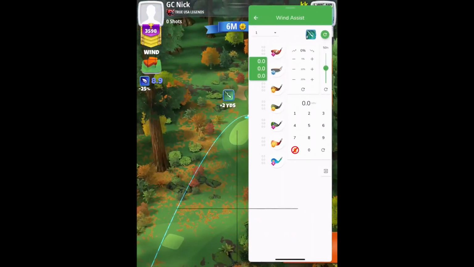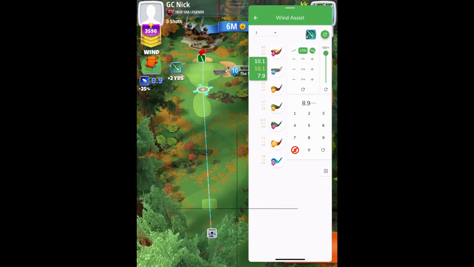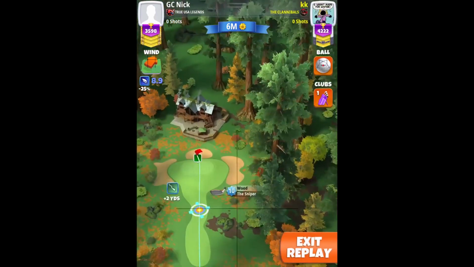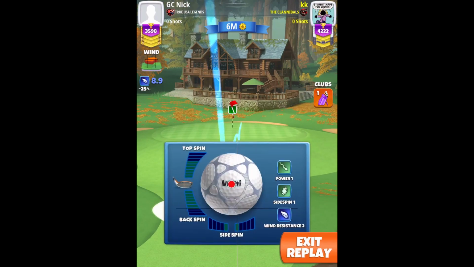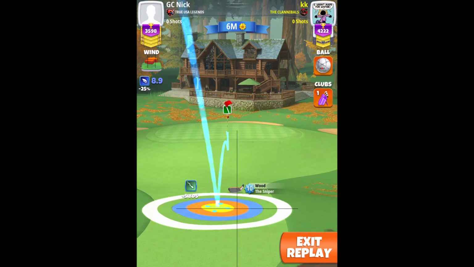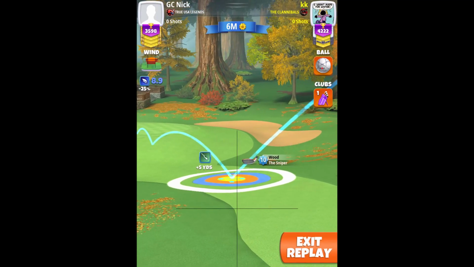Here's a left to right tailwind, and I'm doing the same setup. And I'm doing about 3.2, 3.3 backspin and some left spin to offset left of the cup for this wind angle and this wind strength.